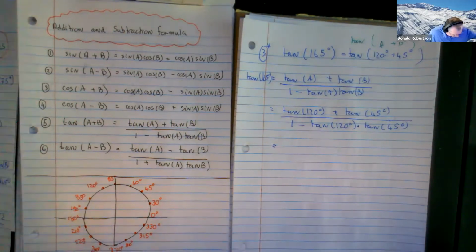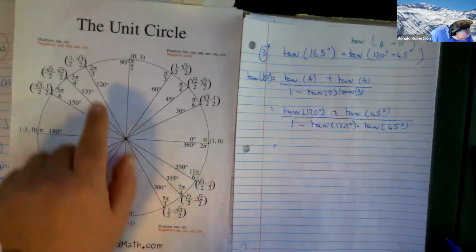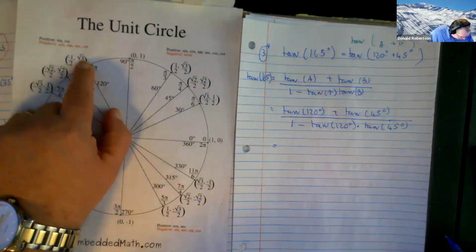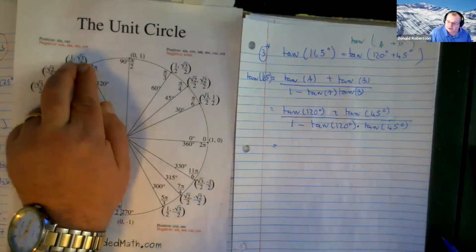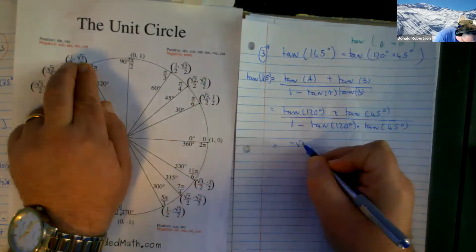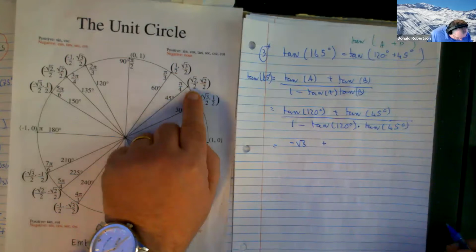Unit circle now. 120 degrees is here, and the tangent is basically that guy divided by that. You know the shortcut, you can just pretend the bottoms aren't there. So root 3 on the top over -1, that guy is negative root 3. Add 45 degrees. Well, there's 45 degrees.